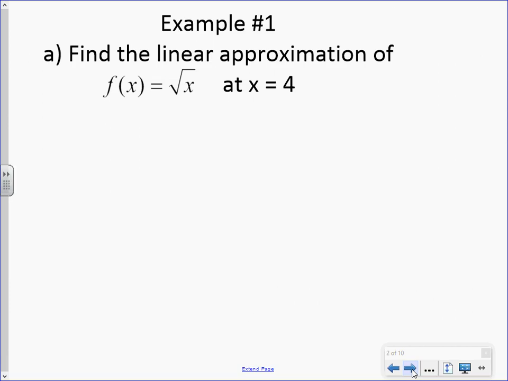Okay, so find the linear approximation of f of x equals radical x at x equals 4. Okay, all this is asking us to do is write the equation of the tangent line and then solve for y. Okay, so go ahead and write down what information you need.